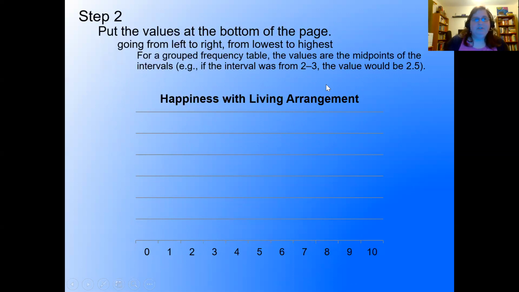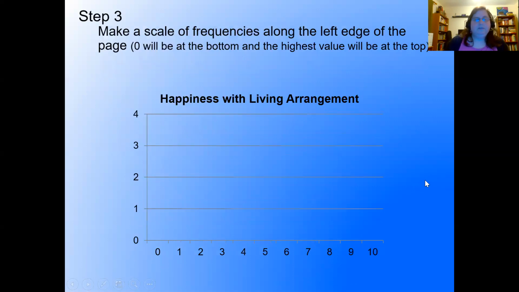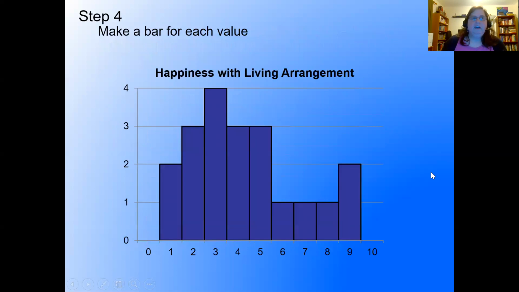Okay, so this is our happiness. These are our values. Then we're going to make a scale of frequencies along the left edge of the page. Now 0 will typically be at the bottom and the highest value will be at the top. Now we just make a bar for each value. Now remember, the value 0 had no frequency, so no bar.